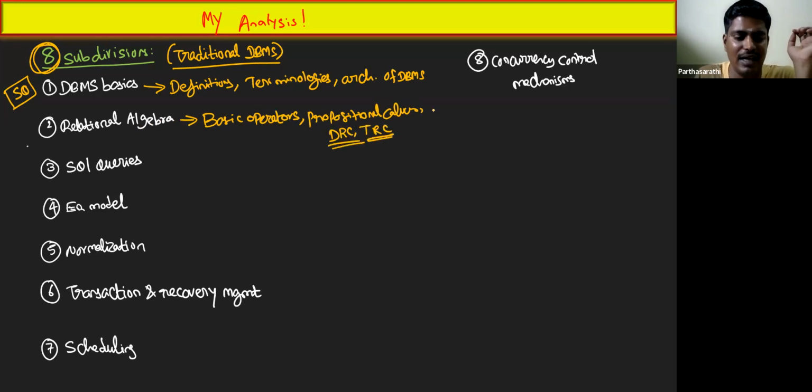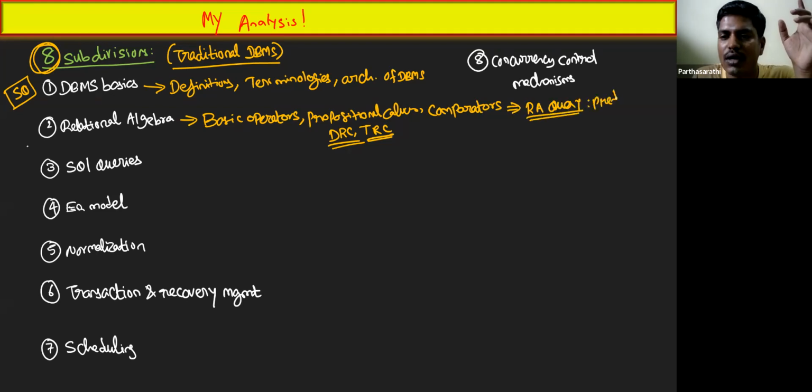And then you have to discuss the comparators. These are all the important topics with respect to relational algebra. Also, they will give you a relational algebra query and ask you to predict the output. If you are comfortable with the symbolic representation of relational algebra, then this is a cakewalk for you.